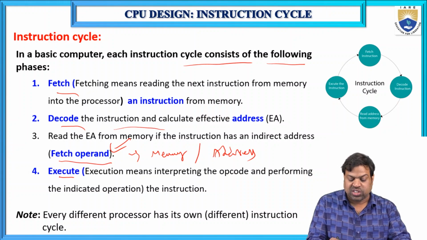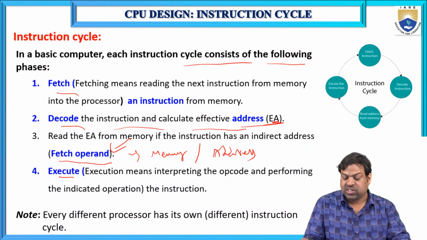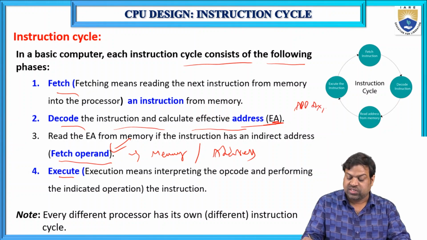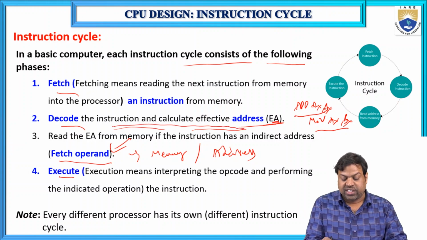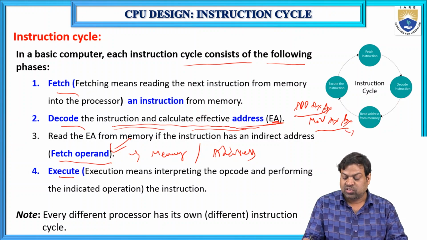Decoding the instruction means calculating the effective address. So I am giving add ax comma bx. It goes for the next instruction. So that is the fetching of the instruction, and decoding means calculating the effective address of this instruction. So it enters the memory, and after that it enters the address.